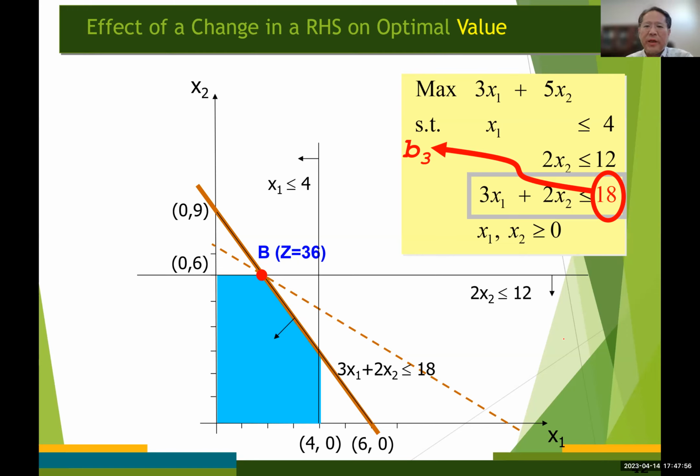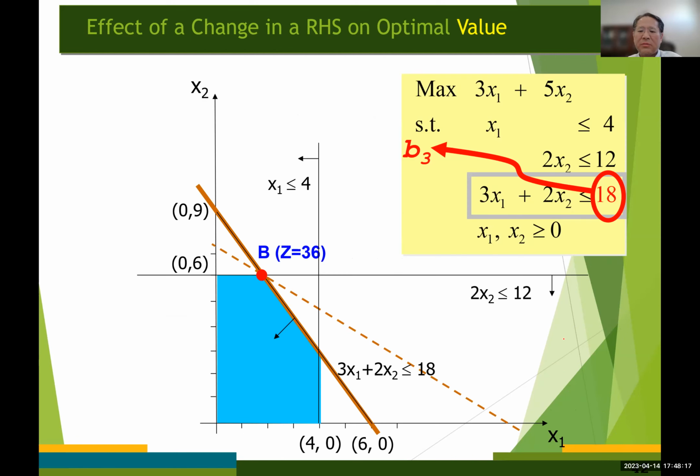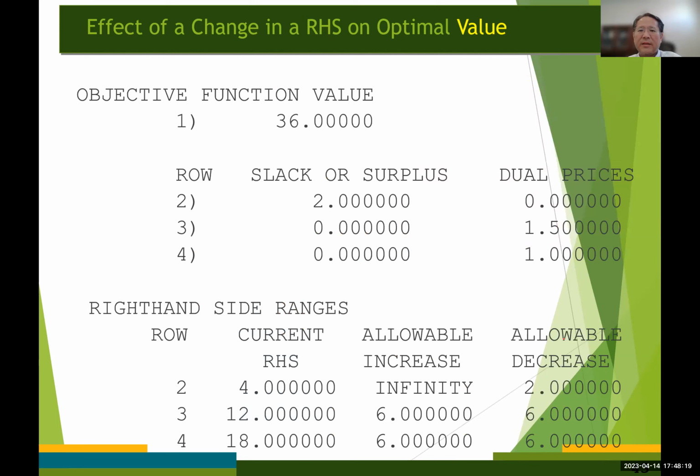Okay, so if we increase the right-hand side value of B3 by 1, which means if B3 is increased to 19, what's going to happen? The objective function value will be improved. So it's going to be increased by this much. Is that right?